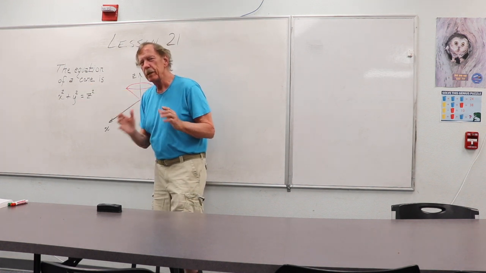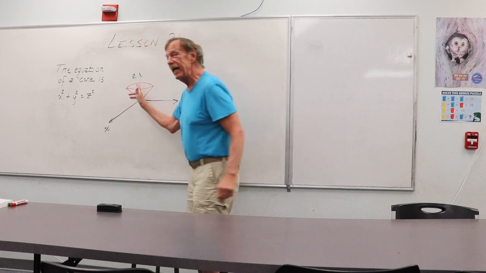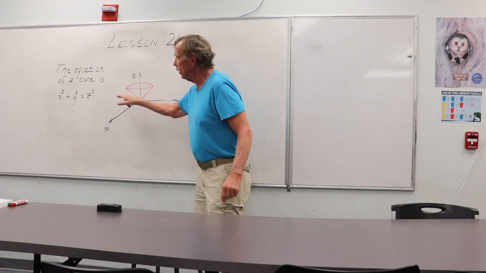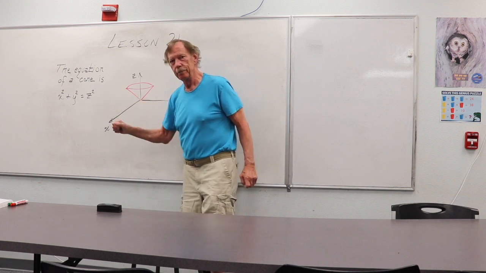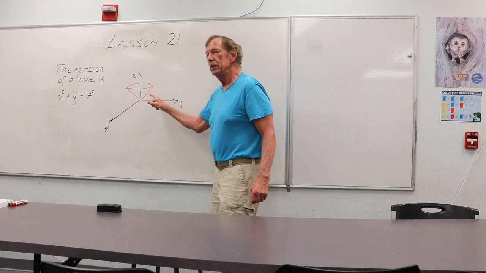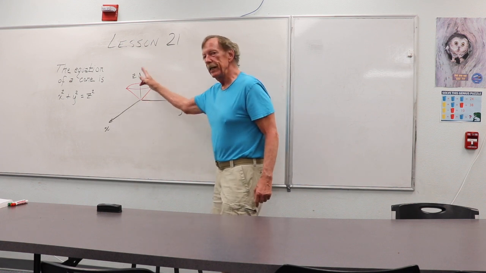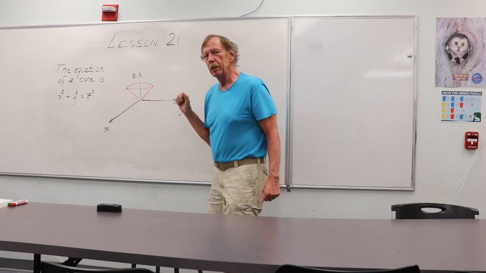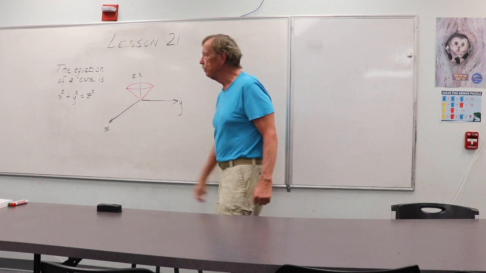And we want that roundness to grow right up the z-axis here. So that's where the z squared term comes in. The equation of a cone going up the z-axis: x squared plus y squared equals z squared.